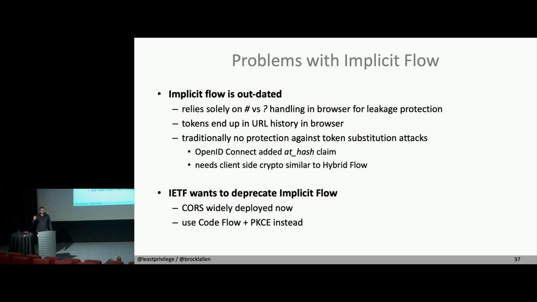But if you write a new application today, then I wouldn't recommend that you use the implicit flow again. You would say, let's go to code flow with PKCE instead. So using the exact same flow that native is using, and the exact same flow that you would probably also use on the server side if you have an implementation that supports it.